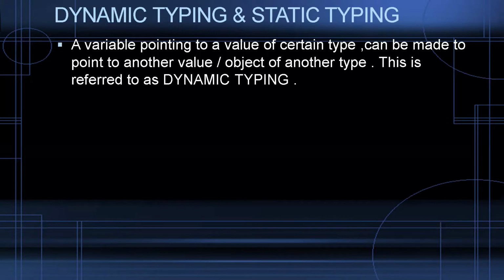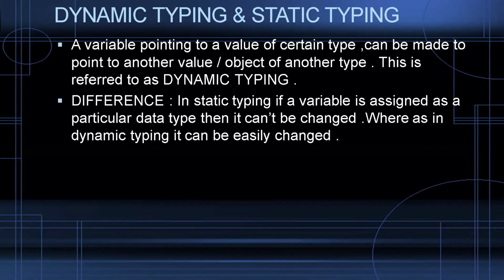This is referred to as dynamic typing. Now let's see the difference between dynamic typing and static typing. In static typing, if a variable is assigned a particular data type, then it cannot be changed, whereas in dynamic typing, it can be easily changed.